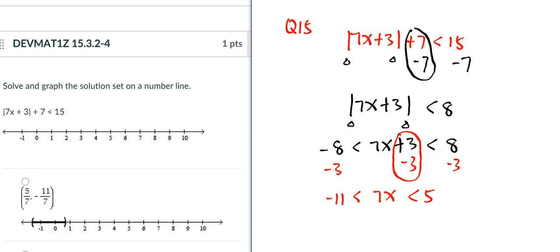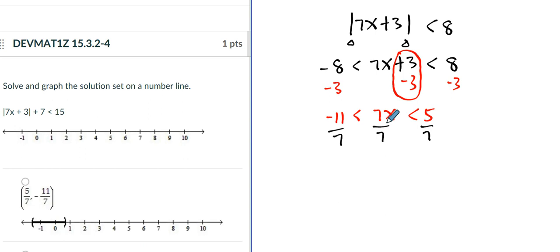So divided by 7, positive 7. What do we get? 7 divided by 7 is 1. So in the middle, it's just x. 5 over 7, negative 11 over 7.